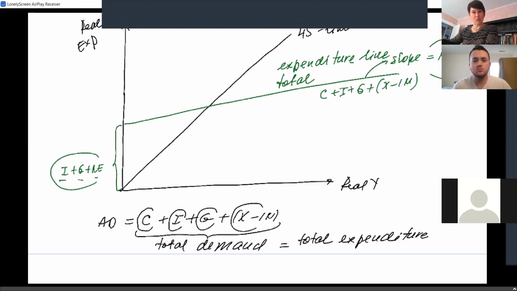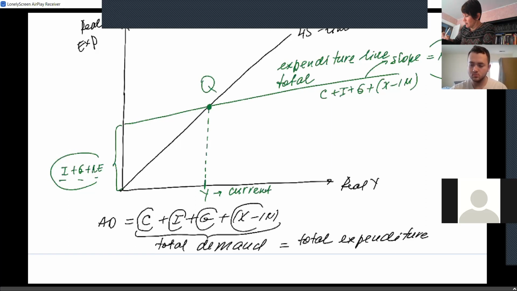Well, this line represents the total expenditure. And when this line meets the 45-degree line, the textbook calls it the Q point. That's our equilibrium point. And thanks to that Q point, that's how we determine the current output.